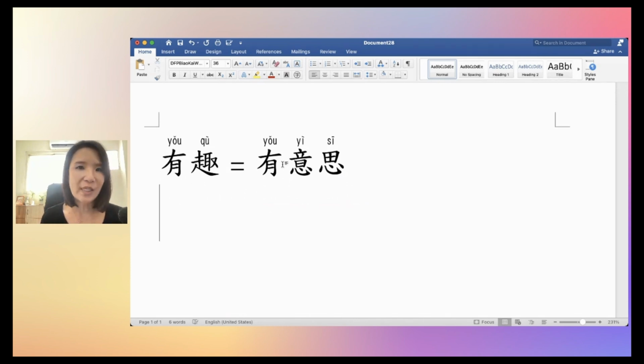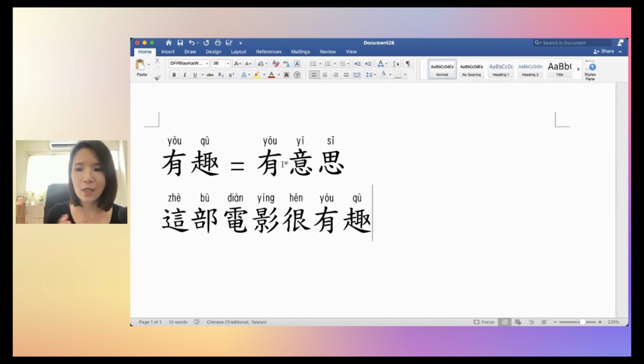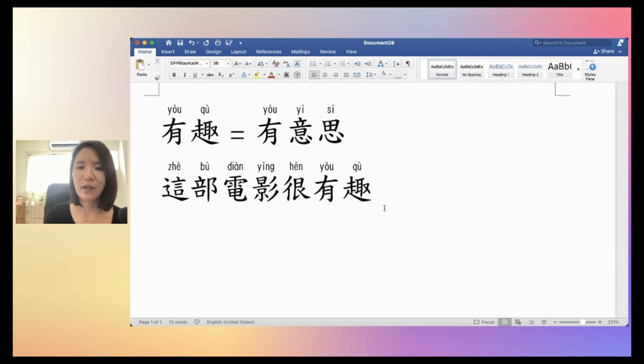For example, you could say 这部电影很有趣, or 这部电影很有意思. So 这部电影, this movie, 很有趣, very interesting. Or 这部电影很有意思, this movie is very interesting. 好, this is the first one, 有趣.